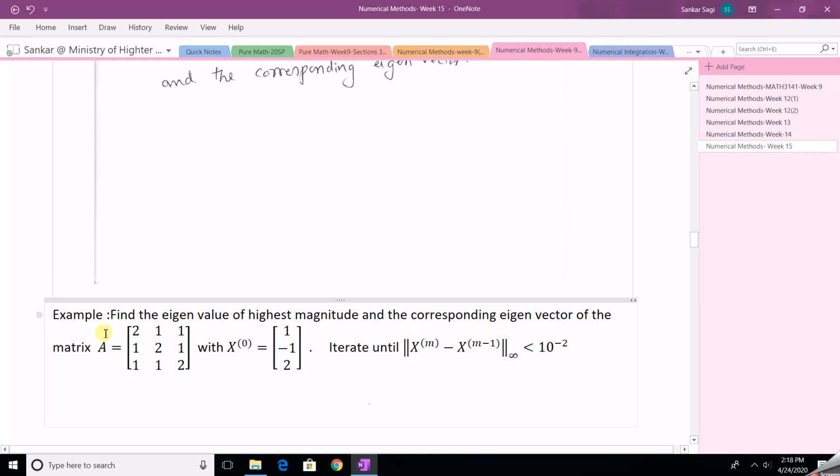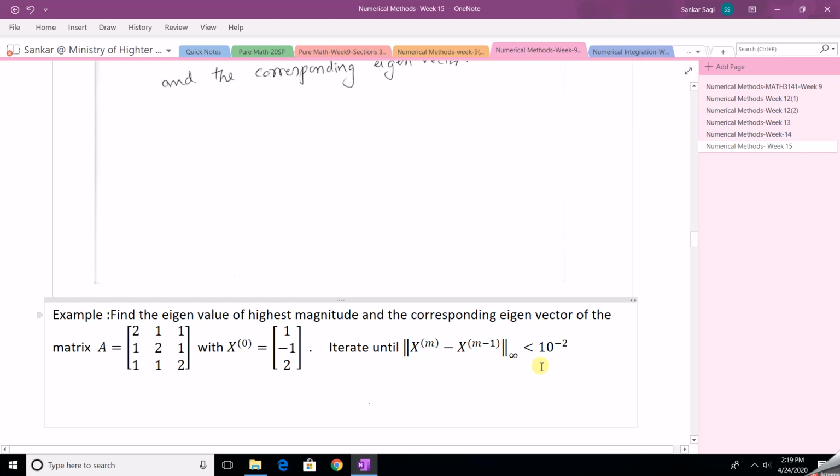For this, you start with this matrix A and the initial eigenvector x0. Starting with this, first you find the eigenvector x1, and after that you compute the difference between x1 and x0 and take the L infinity norm of that.